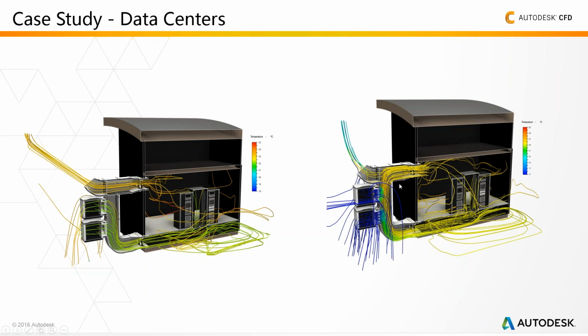The second image shows recirculation of the warm air within the data center, with small amounts of cold air being drawn in to maintain the temperature uniformity. And different insights on the section of the data center that you can get using Autodesk CFD.